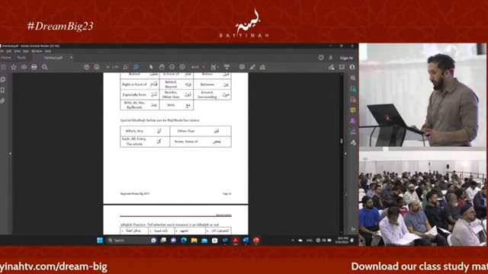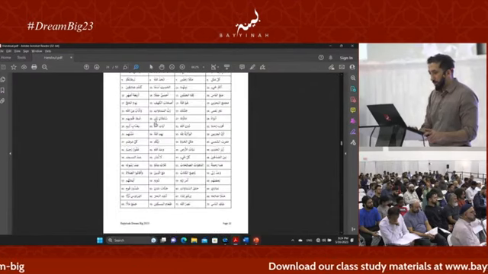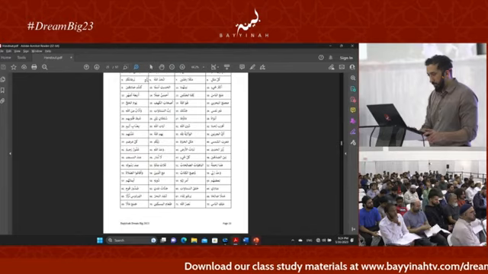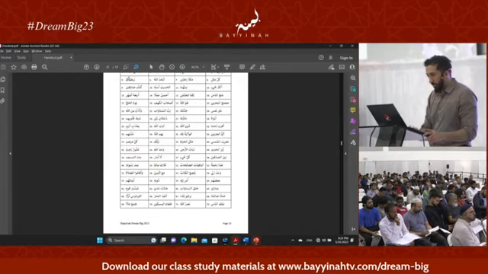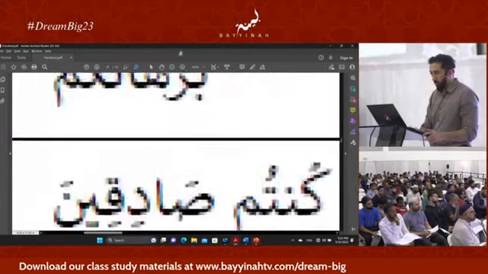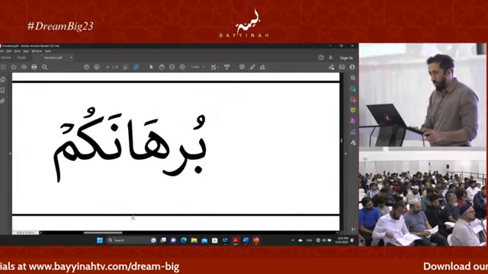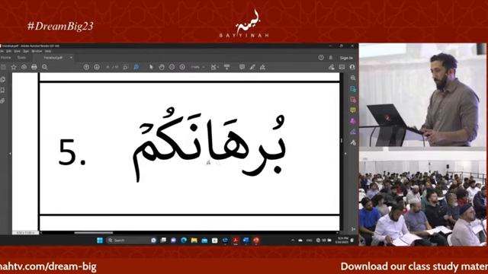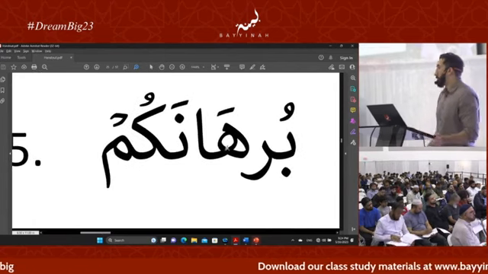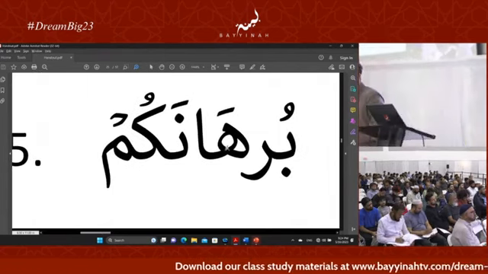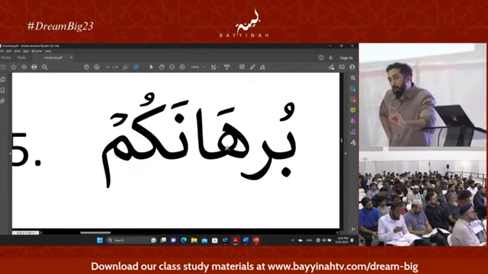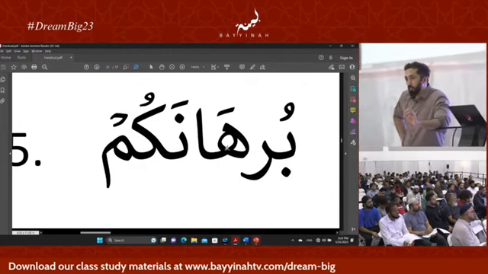Okay. Let's see. I want to see if you guys can see number 5. Back again on page, this is 23, isn't it? Okay, this is question number 5 on page 23. Burhanakum. Burhan means evidence. I'll say that again.